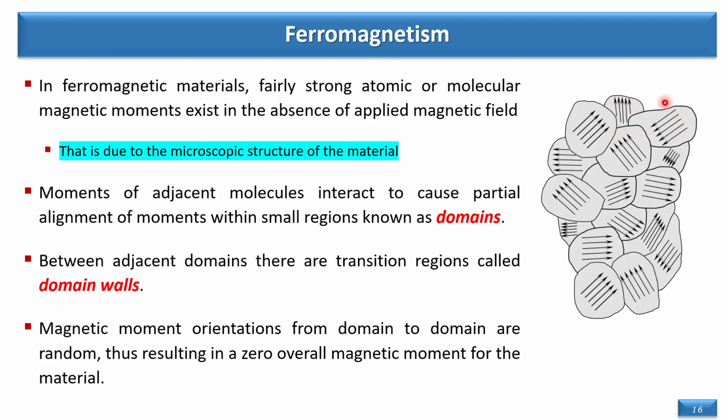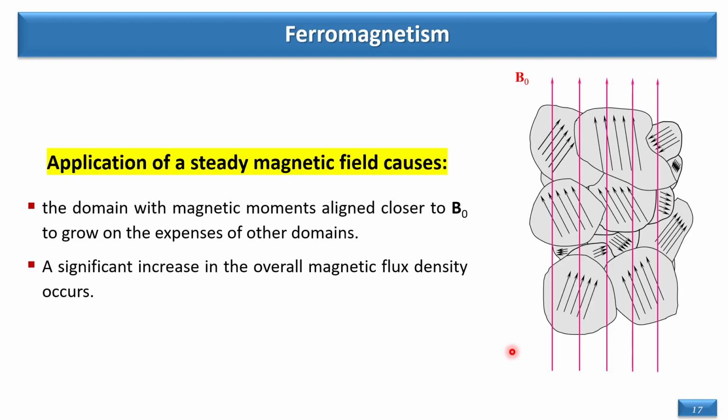The orientations of those domains are still random, and the total moment of this material in the absence of an external applied magnetic field is still 0. But its behavior under an applied external magnetic field is different from the other materials.